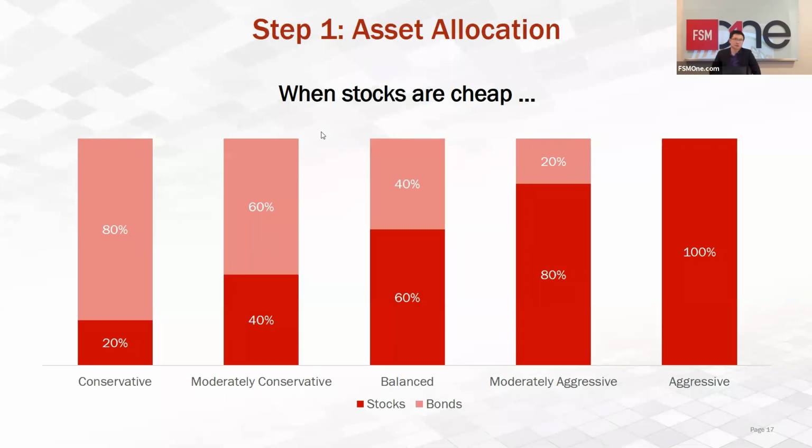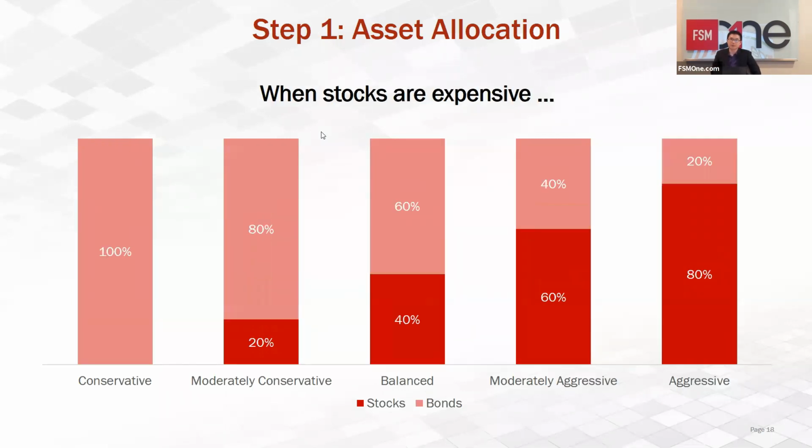Some people want to take a bit more risk and adjust it to about 70-30. And of course, the converse is also true. When stocks are expensive, for the balanced portfolio, maybe this investor wants to reduce his exposure to the equity markets, so he decides to reduce his equity allocation from 50% to 40%.